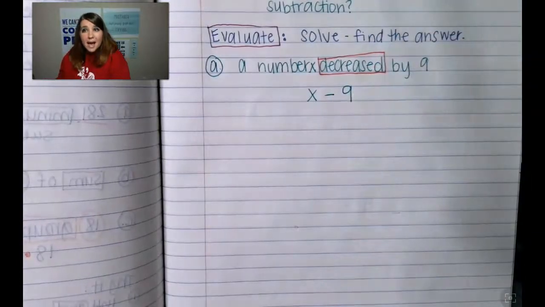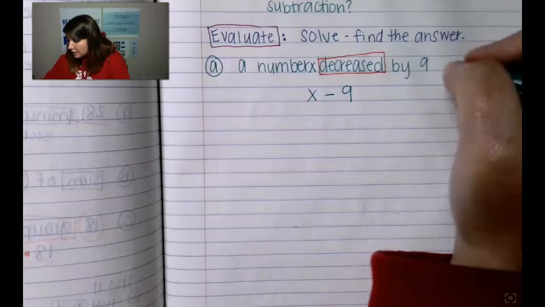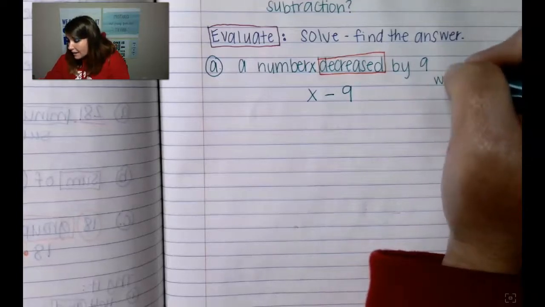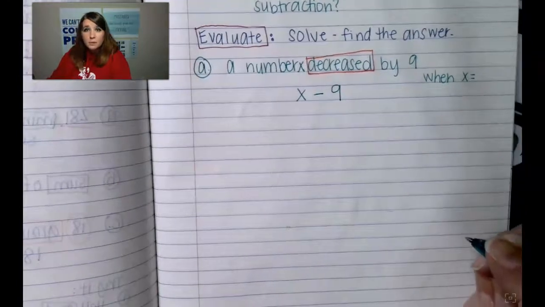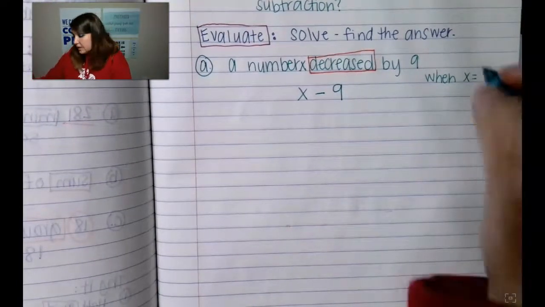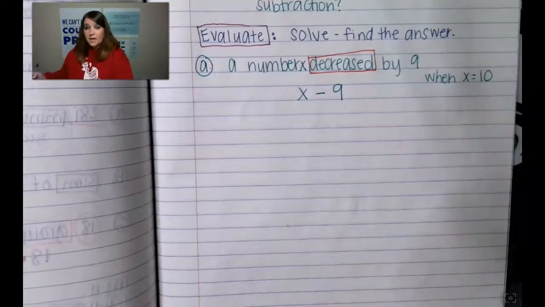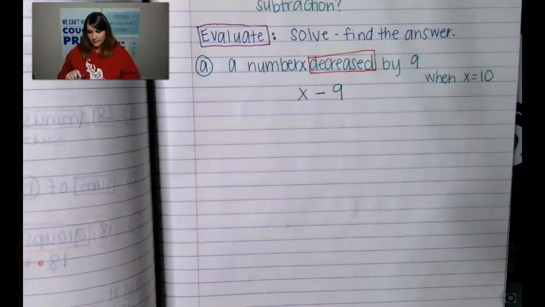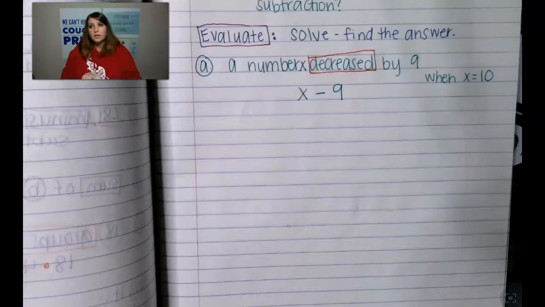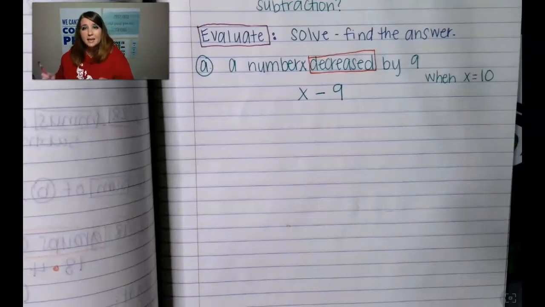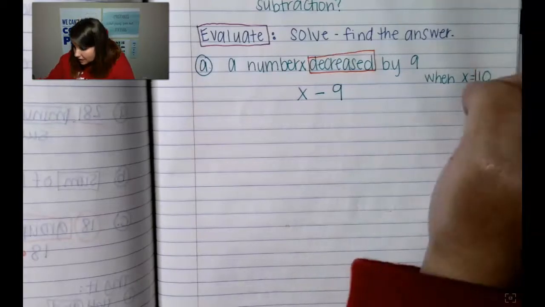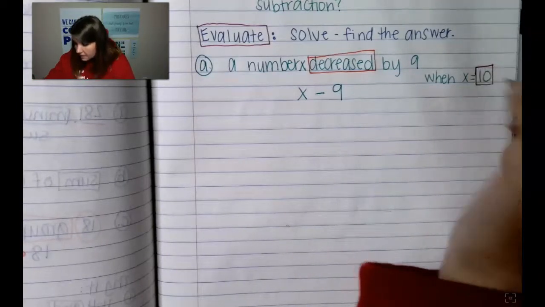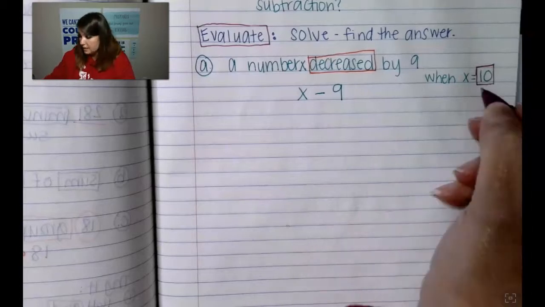Now they're going to tell us somewhere when x equals a number, like x equals 10. Here's where it gets a little bit tricky. Your job is to take the x and erase it, and instead of x, you're going to put this 10 in there.